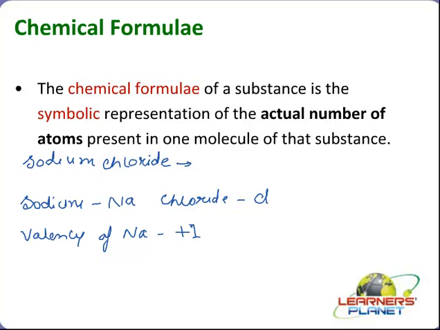What do you mean by +1? +1 means that it can lose 1 electron. And what is the valency of chloride? It is -1. That is, chloride can gain 1 electron. So students, here sodium is losing 1 electron, chloride is gaining 1 electron.